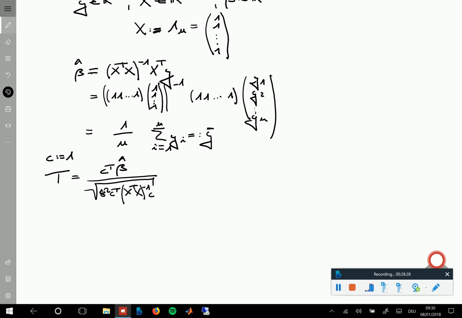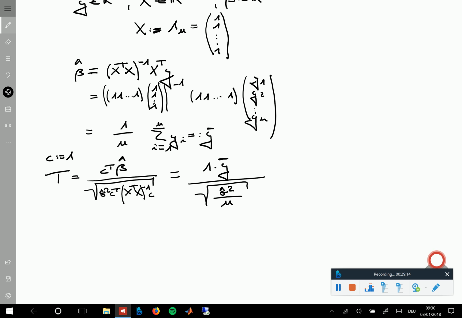What we actually have in the numerator is 1 times our beta hat, which is the average of the data points, and in the denominator C is 1, so C transpose is also 1, and X transpose X to the power of minus 1 we evaluated here, so that's 1 over n. So we get in the denominator the square root of sigma square divided by n.